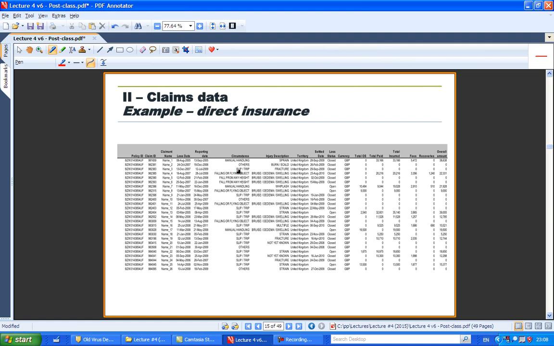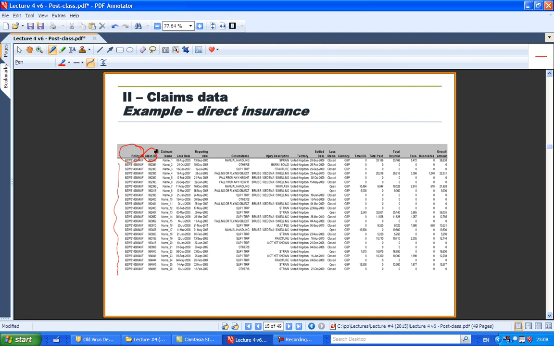So yes, these are probably employer's liability claims, and you can see that for every claim you have the claim ID here. Then you have the relevant policy, and you can see that while the claim is different, the policy remains the same. So that indicates that these are all claims from the same employer's liability policy.